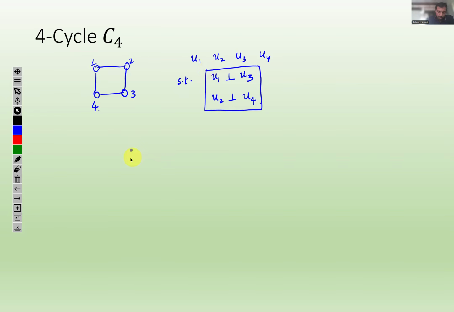So take the origin, U1, and now I want U3 to be perpendicular to U1, and I want U2 to be perpendicular to U4. So the 2 edges that are not there are now satisfied using this constraint.